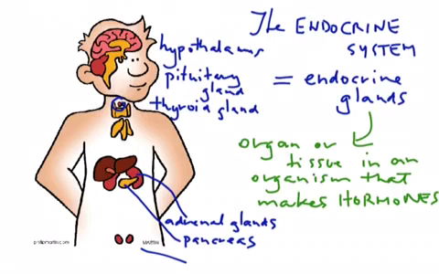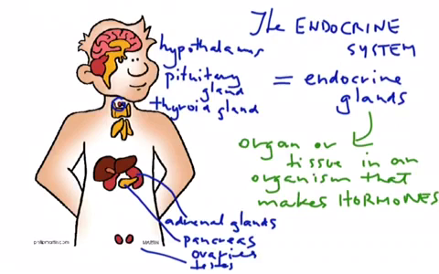Your reproductive glands, so ovaries in females and testes in males, are both responsible for reproductive hormones like estrogen and testosterone, which control a whole lot of reproductive development. So there's a whole range of these endocrine glands that are responsible for making these hormones.